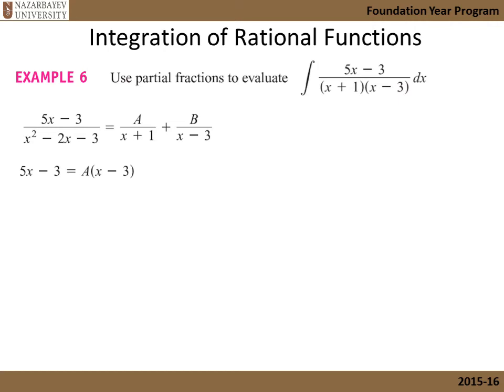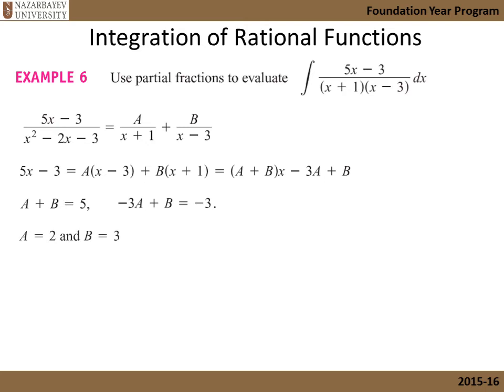If we take our common denominator, we can find that this 5x minus 3 is equal to A times (x minus 3) plus B times (x plus 1), which is equal to (A plus B) times x minus 3A plus B. So we get the corresponding coefficients at x and just this minus 3A plus B. So from this we can obtain these simultaneous equations, and we can find our A equals 2 and our B equals 3.